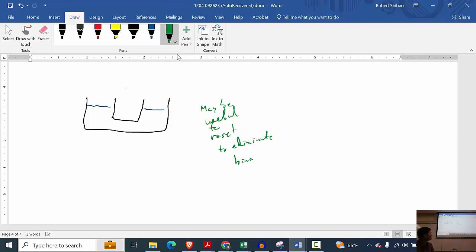The binomials you'll see where those pop up. And so this one's not biased towards one side or the other, but we might reset it regardless.